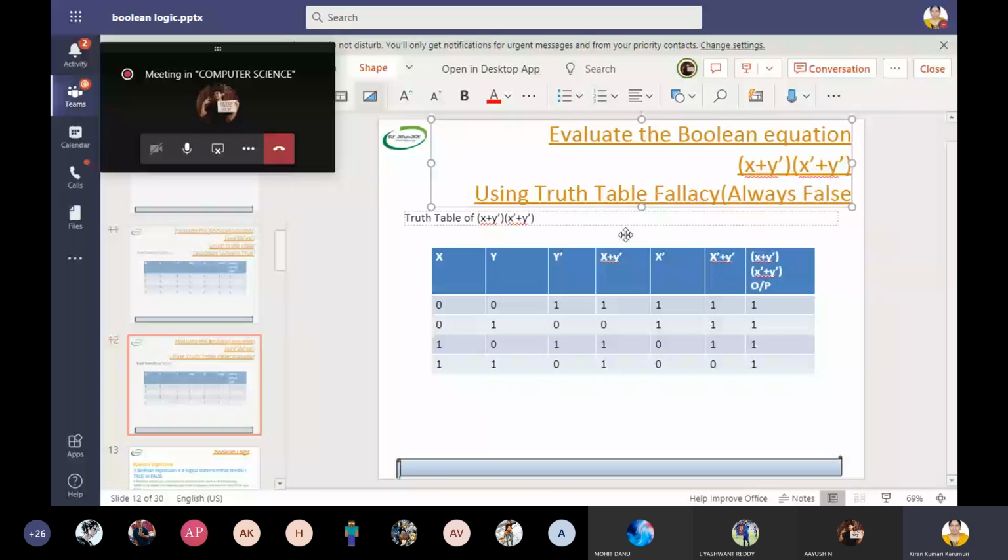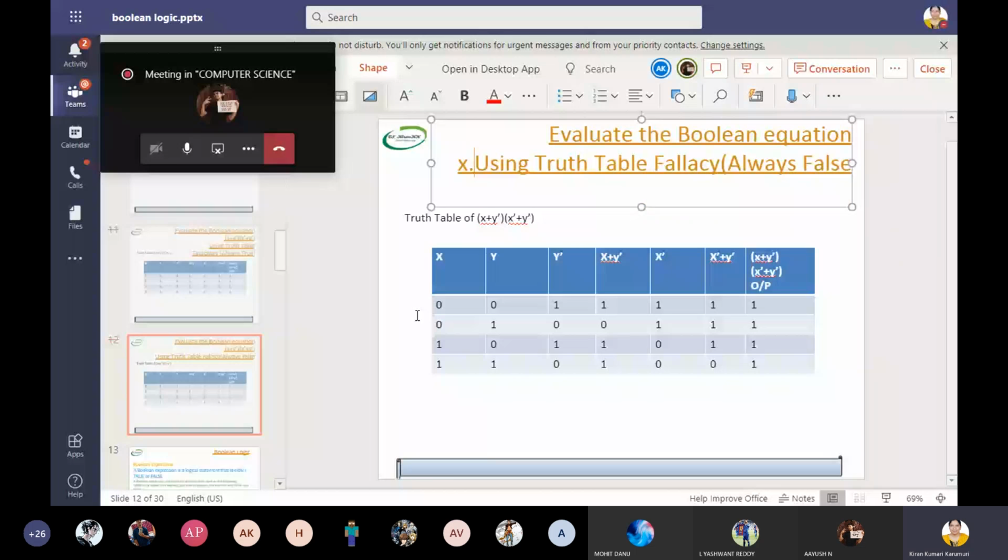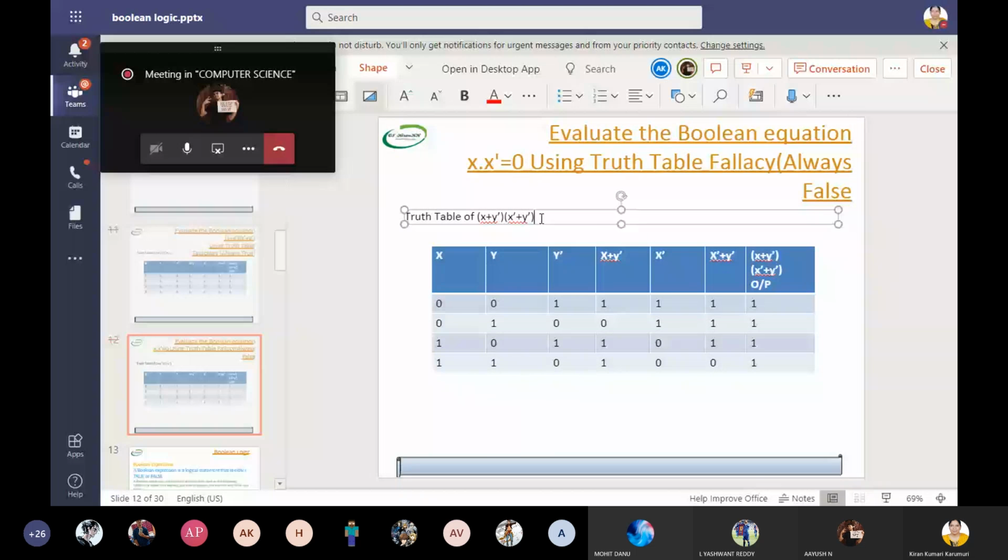Give me one example for fallacy. Always 0 आना चाहिए. X dot X dash is how much? Always 0, no? If you are taking X and X dash, it is always 0. Let me show the truth table of X and X dash.